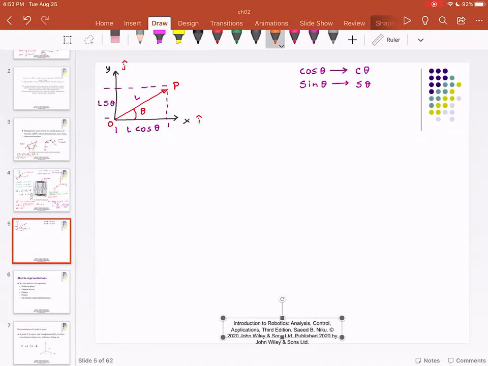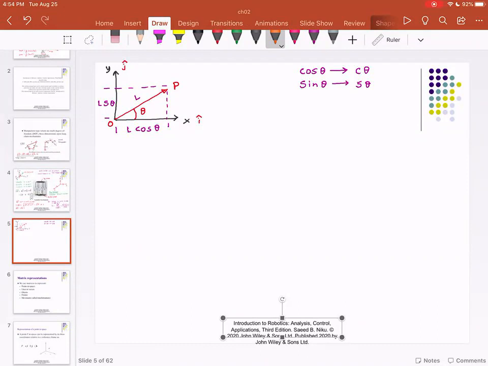This logic can be extended into the z dimension also. If you have a vector in 3 dimensions, x, y, and z, so you have i's, j's, and k's, you can follow the same process and get the same answers.